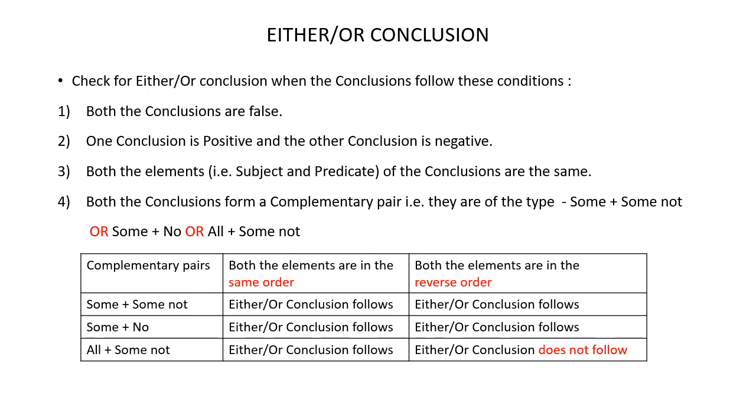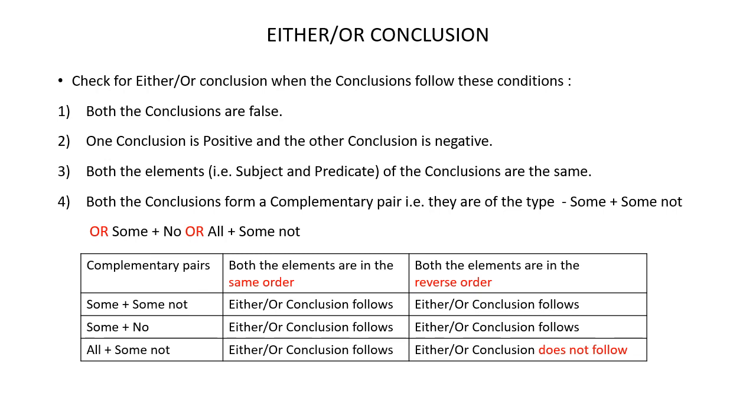Now, for complementary pairs, some not, and some no, it does not matter whether the subject and predicate are in the same order or in the reverse order. Either way, either or conclusion will follow.